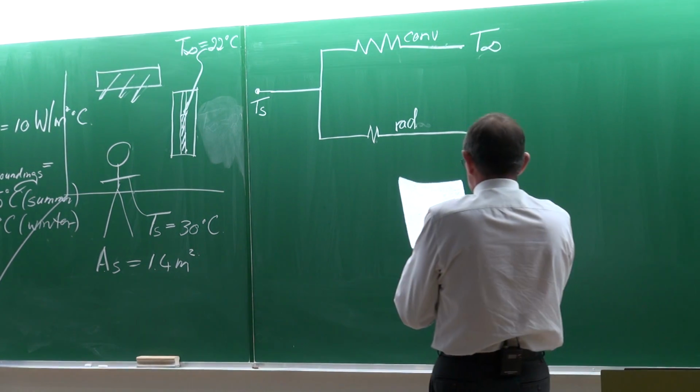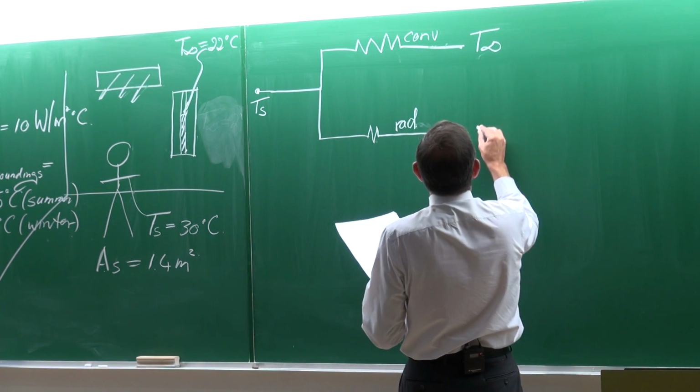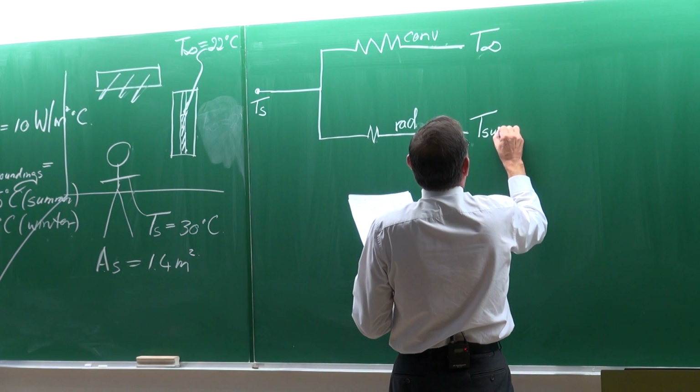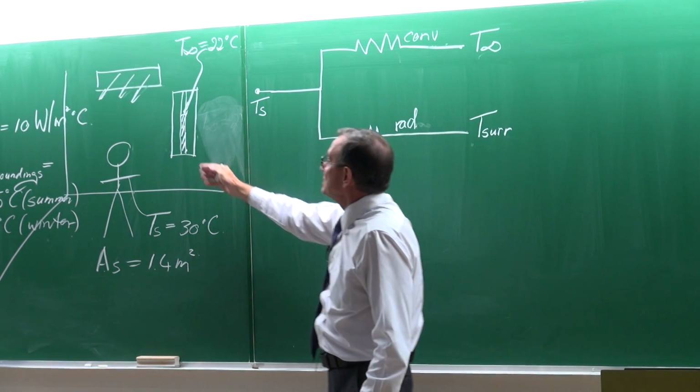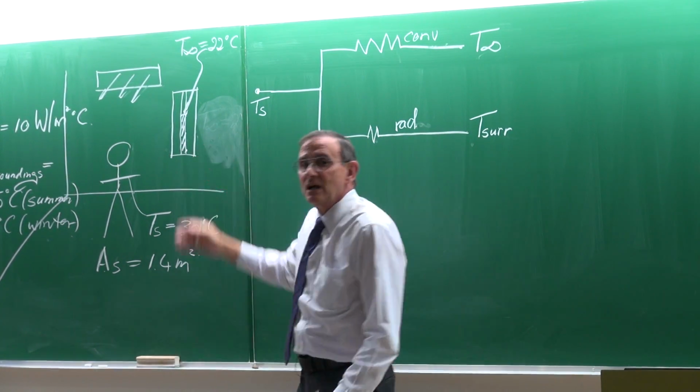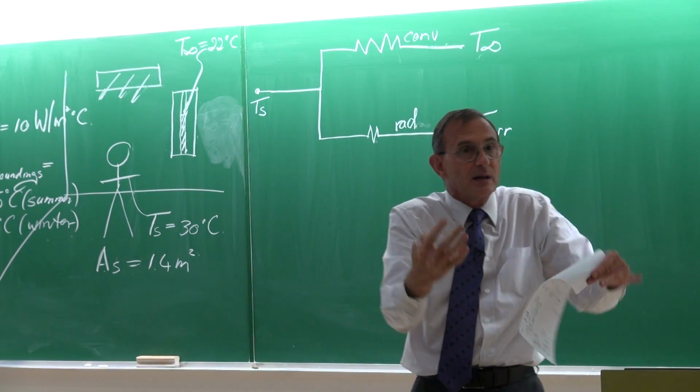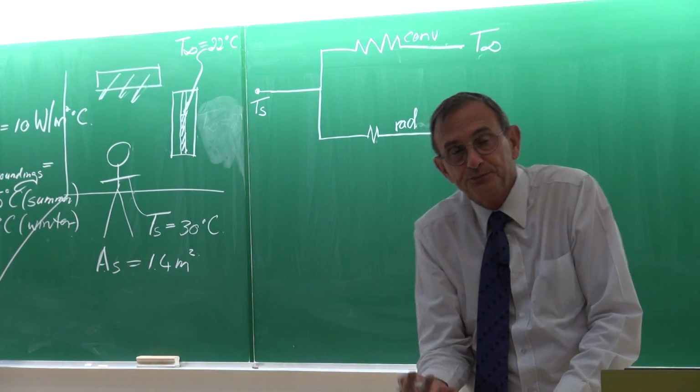So that is the convection, and then we've got the radiation. Now the radiation temperature is not being influenced by the air temperature. It is being influenced by the temperature of your surroundings.